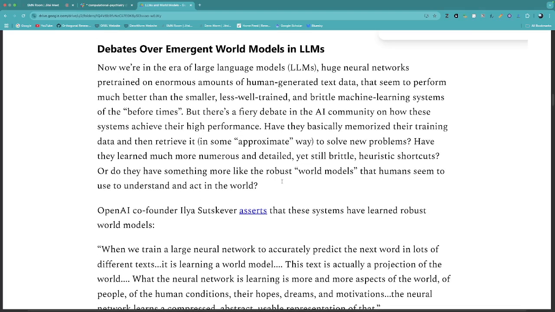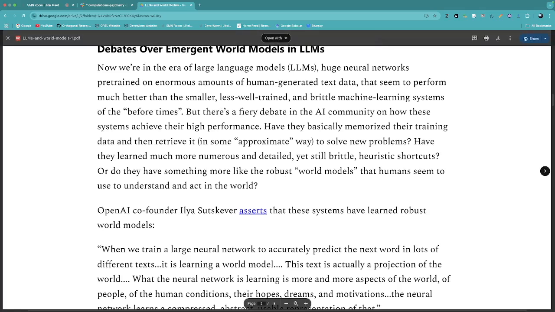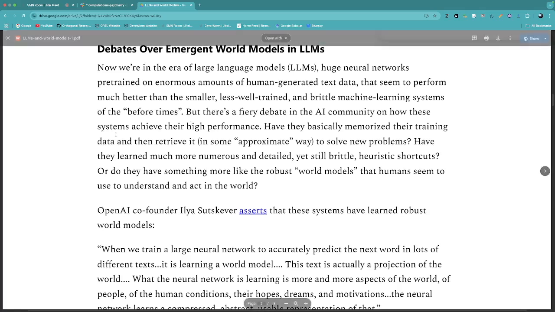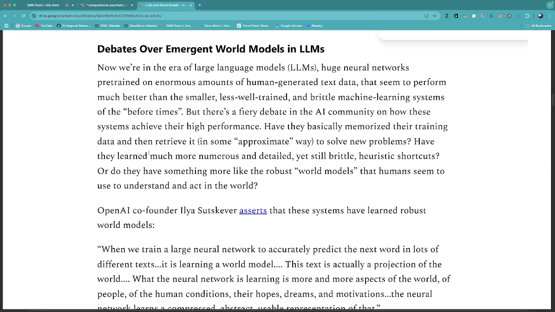And there's some debate as to whether models are able to learn world models on their own. But there's a fiery debate in the AI community on how these systems achieve their high performance. And we're talking here about modern systems, modern large language models. Have they basically memorized their training data and then retrieve it in some approximate way to solve new problems?